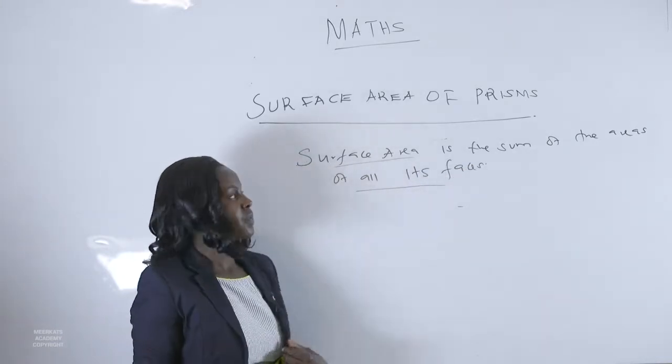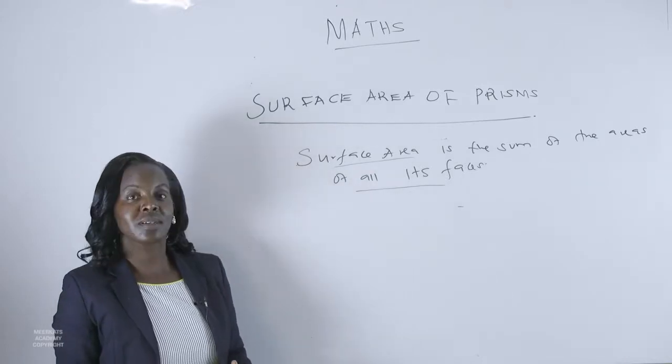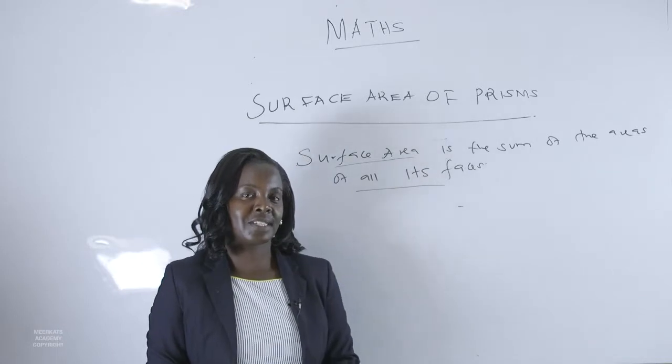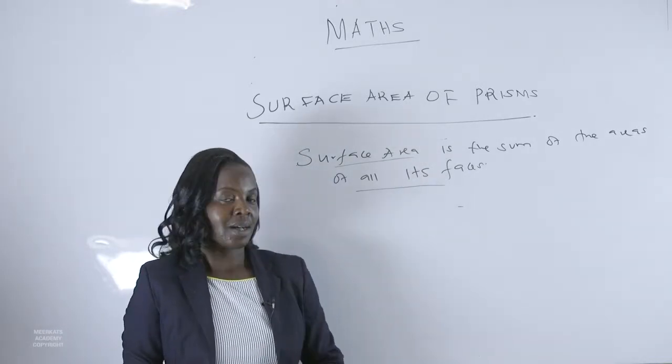Surface area is the sum of the areas of all its faces. How do we determine the surface area of a prism?